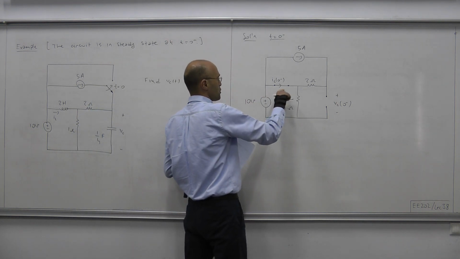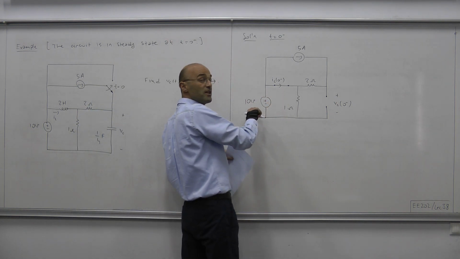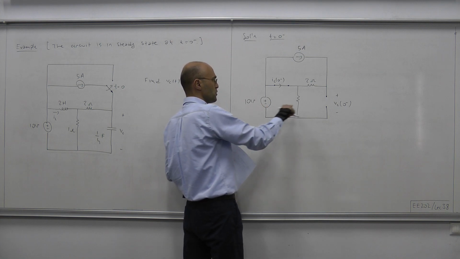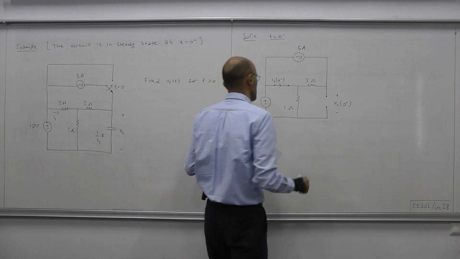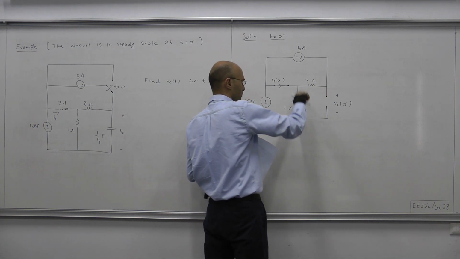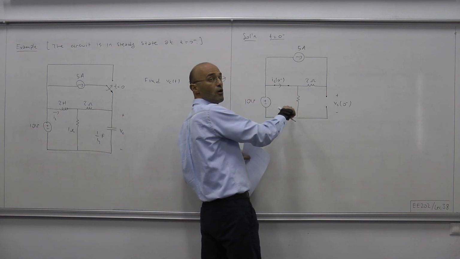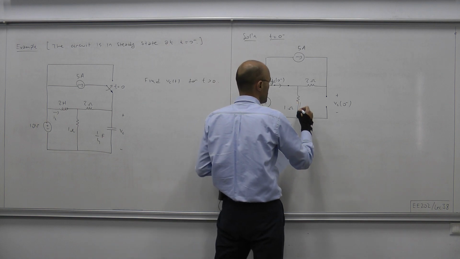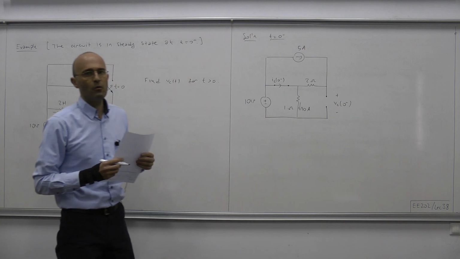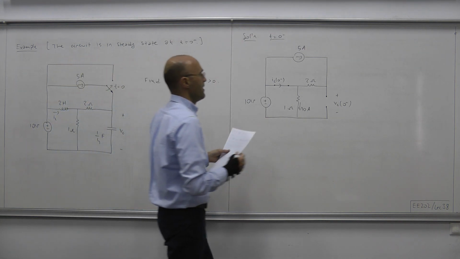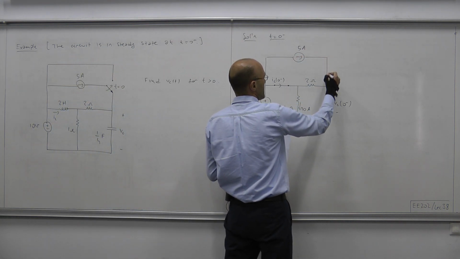Here, this is a short circuit. Therefore, this 10 volt voltage source and this 1 ohm resistor are in parallel in this situation. If they are in parallel, the voltage drop across the 1 ohm resistor is 10 volts. So that produces 10 amps flowing through the 1 ohm resistor. And then here we have 5 amps coming in this direction.